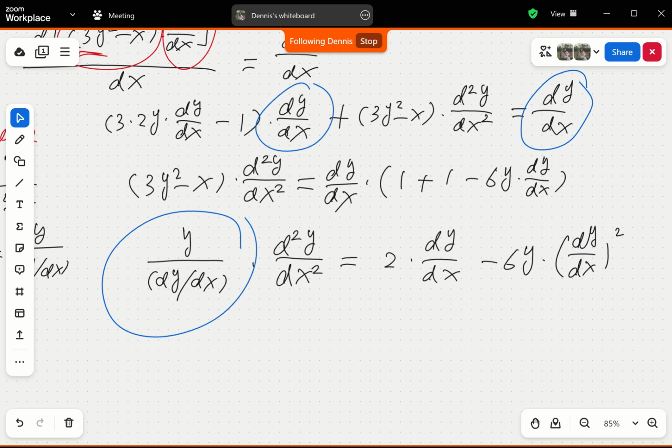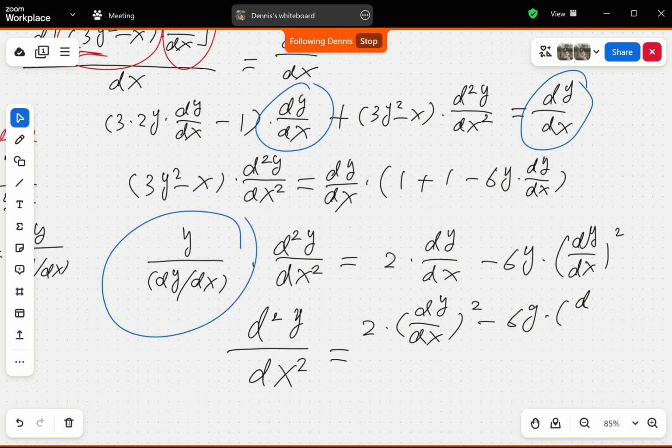So the left-hand side would be just the second derivative of y with respect to x, and it would equal 2 times dy with respect to x squared minus 6y times dy with respect to x to the third, over y.